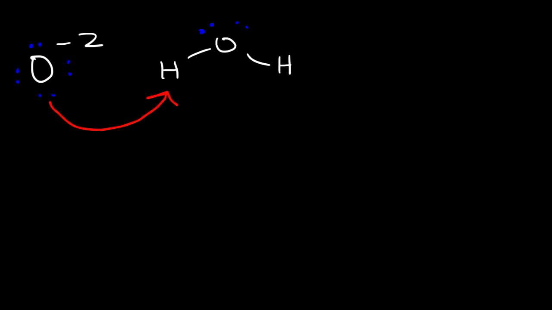When the hydrogen atom breaks away from water, the two electrons in this bond are going to go back to the water, which is now going to be hydroxide. So this oxygen gained hydrogen, so now it looks like this. It lost a lone pair, so instead of having 4 lone pairs, it now has 3. And it no longer has a -2 charge, but it has a -1 charge.